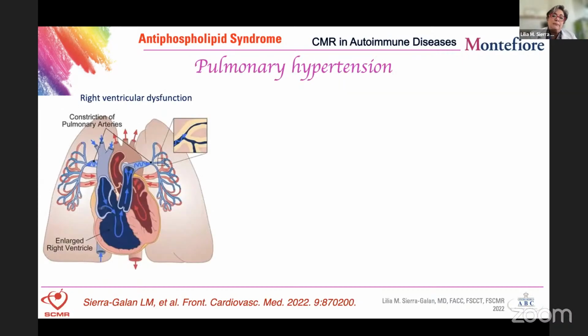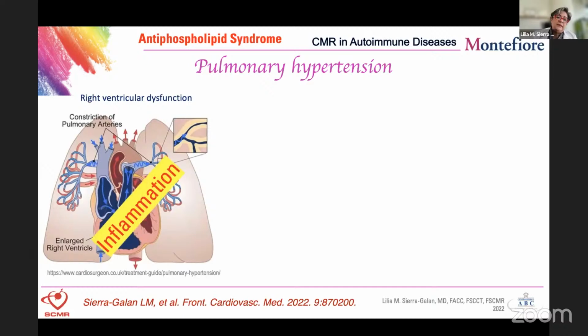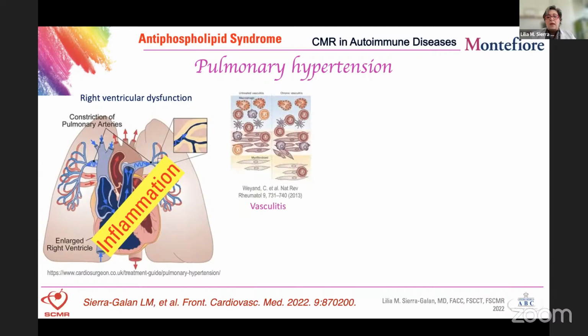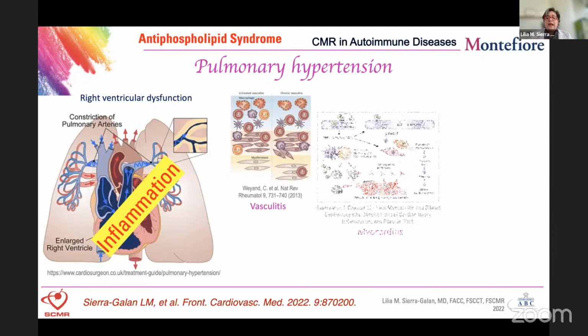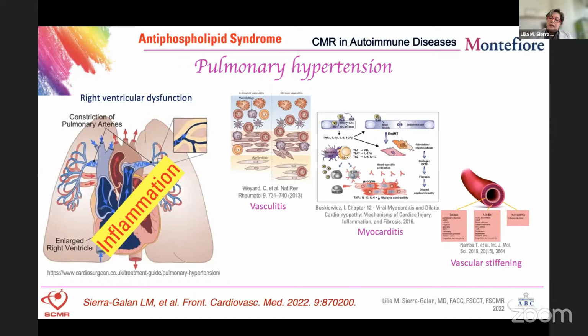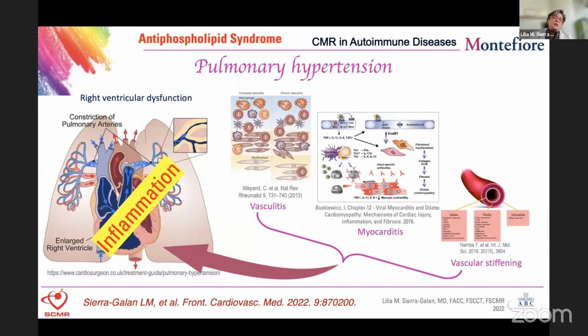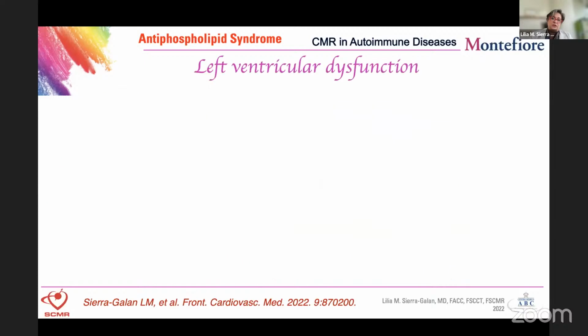That causes pulmonary hypertension and also right ventricular dysfunction. The main mechanism is inflammation, but we also have vasculitis, myocarditis, and vascular stiffening. With those, we end up with very high pulmonary hypertension and obviously right ventricular dysfunction.